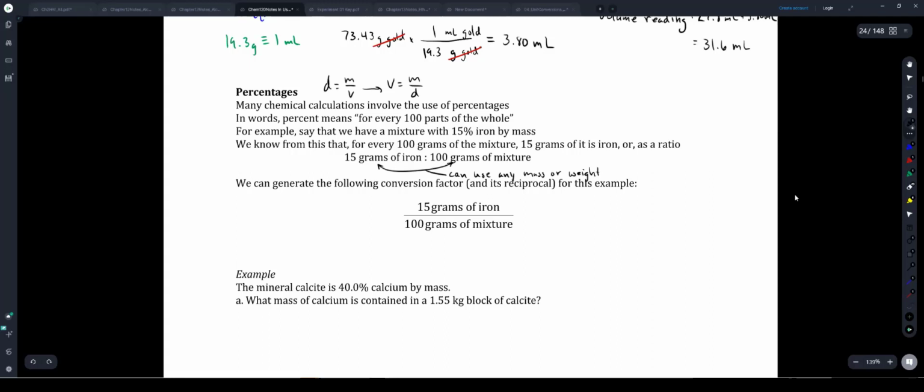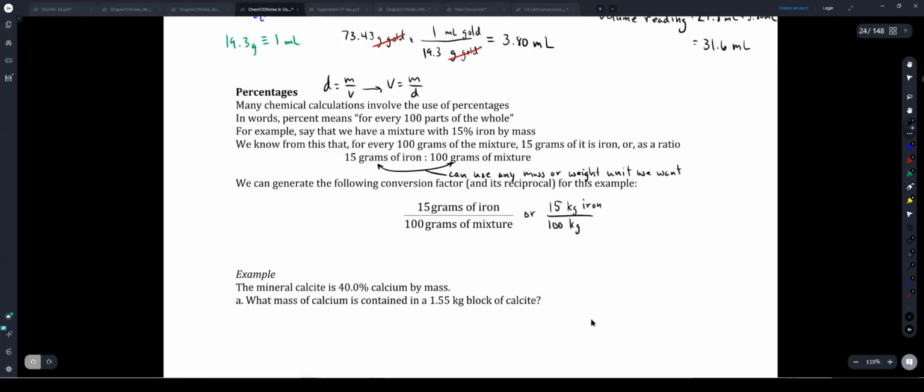You can't do pounds on one side and grams on the other. We could even do tons. So what that says is there's 15 grams of iron for every 100 grams of mixture, or 15 kilograms of iron for every 100 kilograms of mixture.